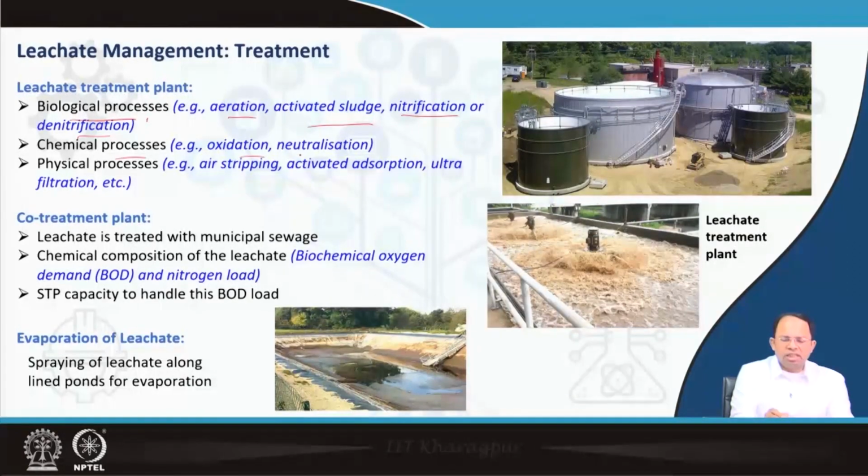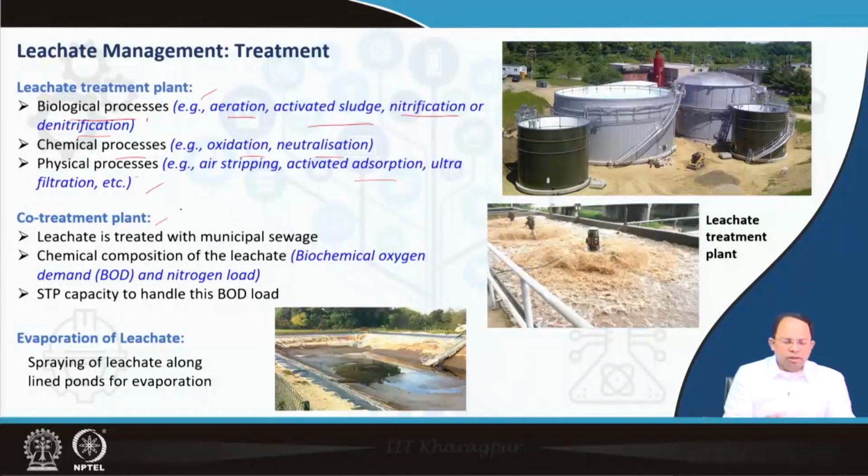Chemical processes like oxidation, neutralization are taken up, or physical processes like air stripping, activated adsorption, ultrafiltration. These are the different processes. I am not going into details of this. But if you are interested in sewage treatment, you can look into our NPTEL lecture on sewage treatment. There we have discussed many of these processes in detail, and similar processes are also adopted in the leachate treatment plant.